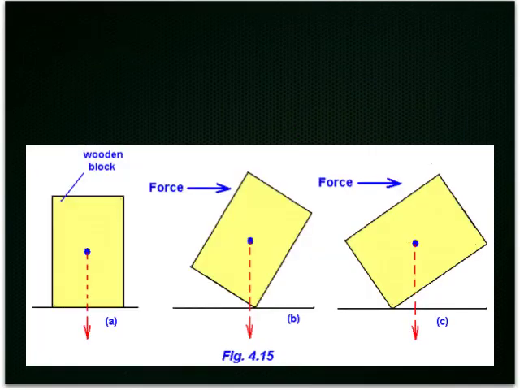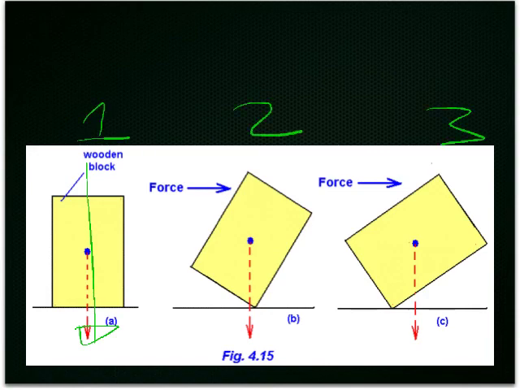Now usually something is unstable when the line acting through the centre of gravity, the weight, will go beyond the base. So this thing here, if we look at three sections, 1, 2 and 3, 1 is nice and stable, the weight's acting through the centre of the base.